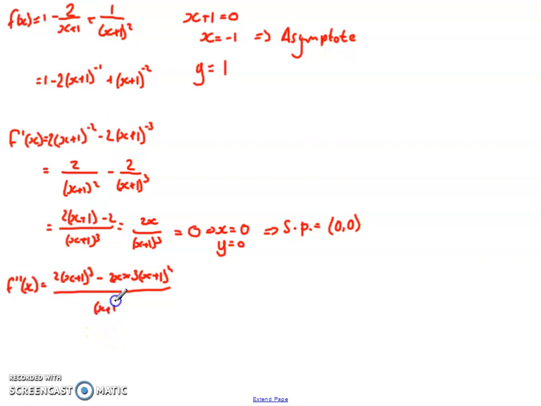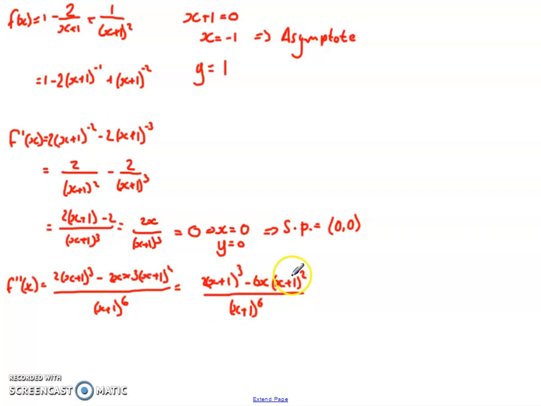So I've got x plus 1 to the power of 6 because it's cubed squared. So if I then take that top and just simplify it a little bit, what I'll end up getting is 2 bracket x plus 1 cubed minus 6x bracket x plus 1 squared, all over the x plus 1 to the power of 6.